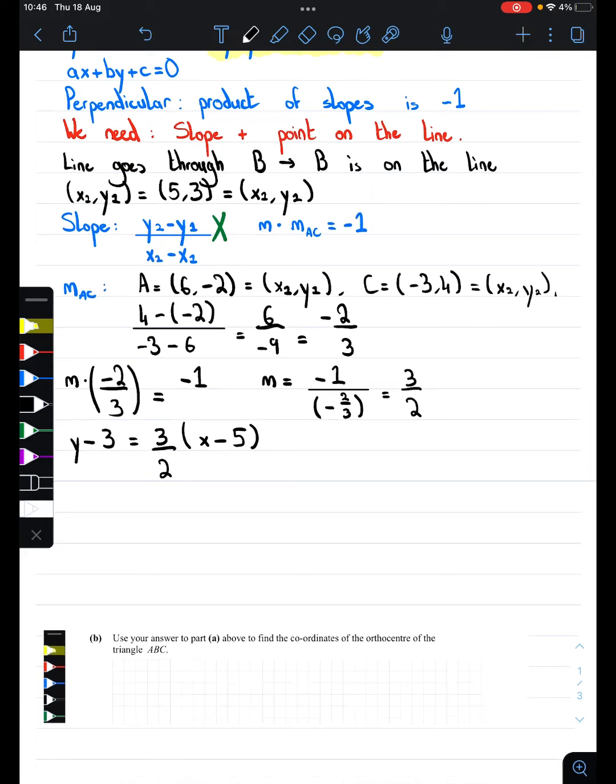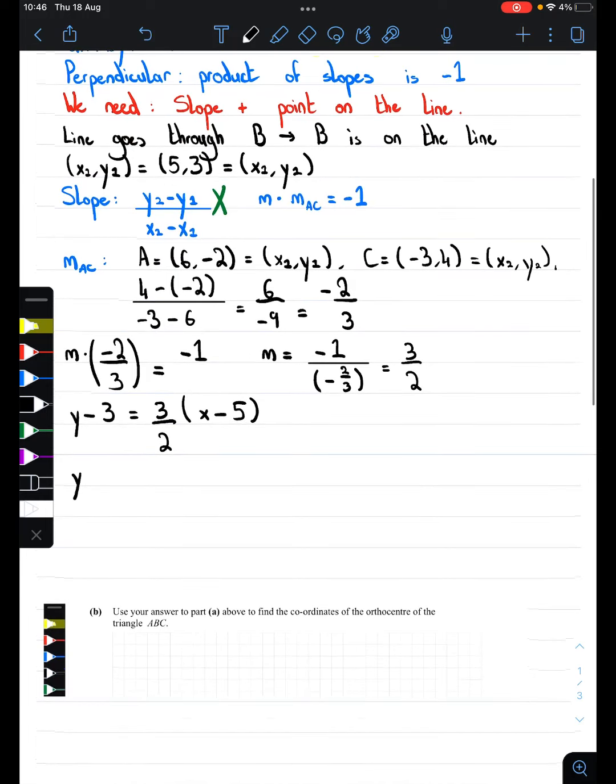Then if we just bring this 3 over, y equals 3 over 2 x minus 15 over 2 plus 3, which is the same as y equals 3 over 2 x plus (minus 15 over 2 plus 3), which is minus 9 over 2.